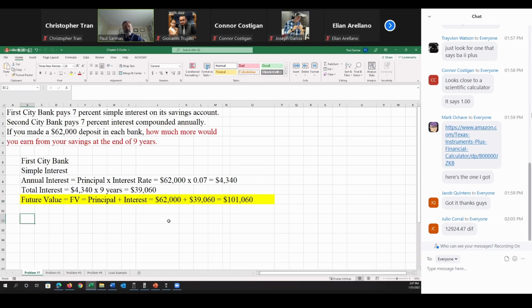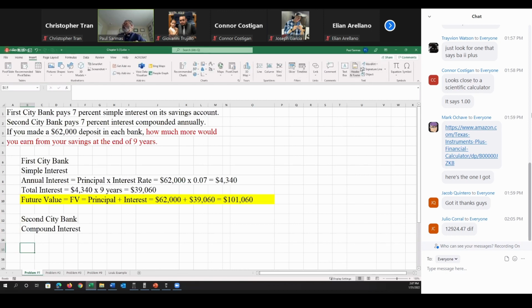What is Second City Bank, which uses compound interest? Well, I gave you the formula. This will be just a bit small when I write it.